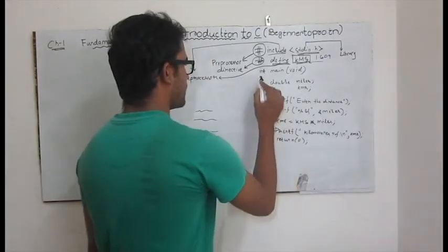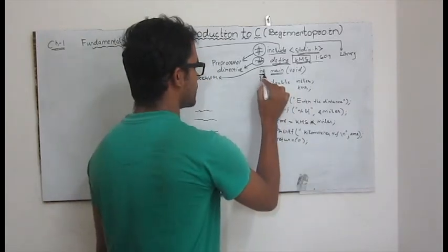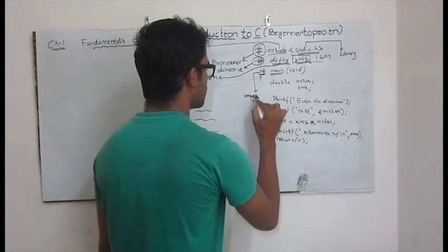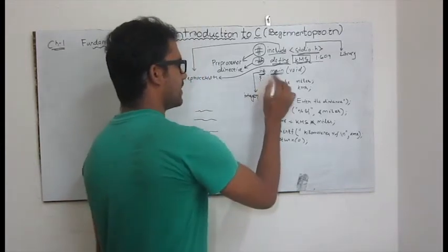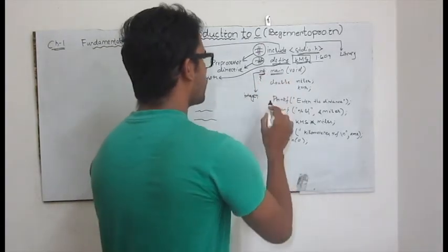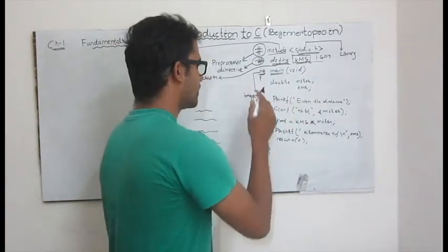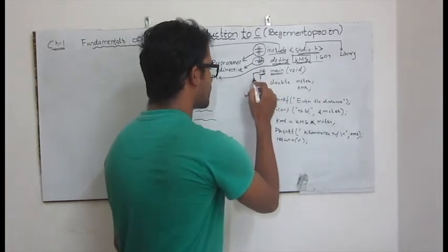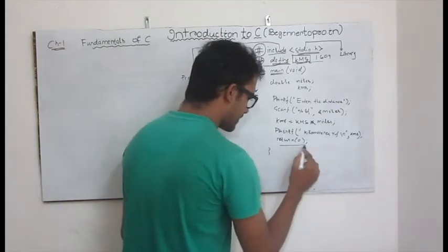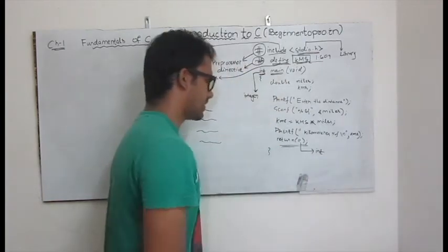Then we are declaring the main function, and the type of the main function is integer type. The foremost thing is that the program will start executing from the main function, and since we are declaring it as integer type, its return type must also be integer.